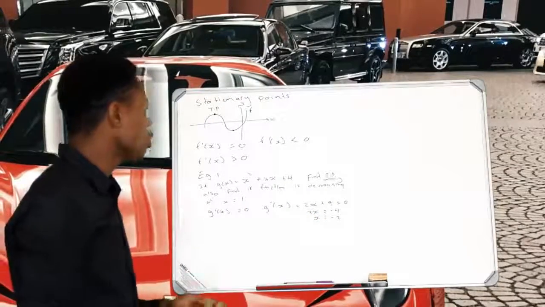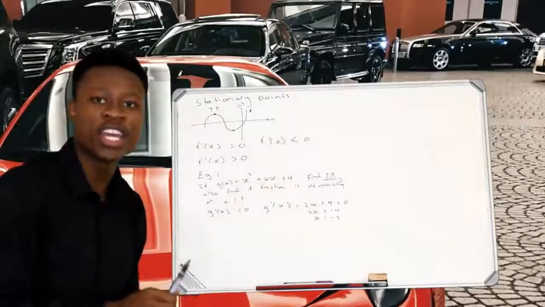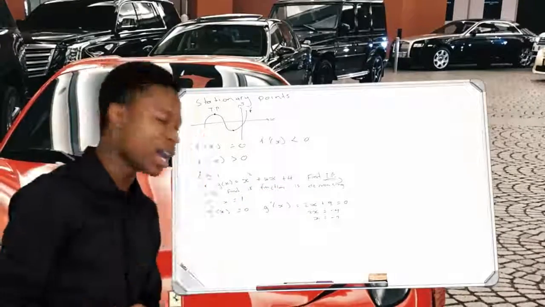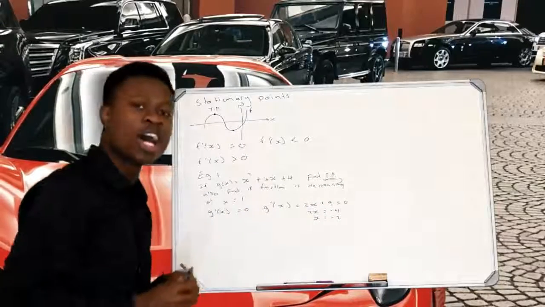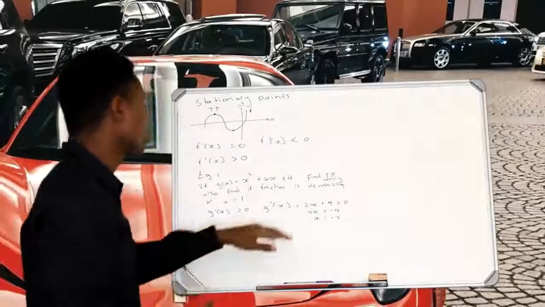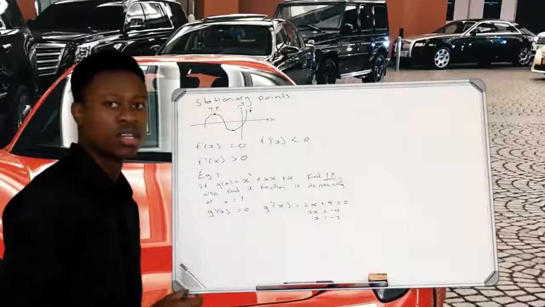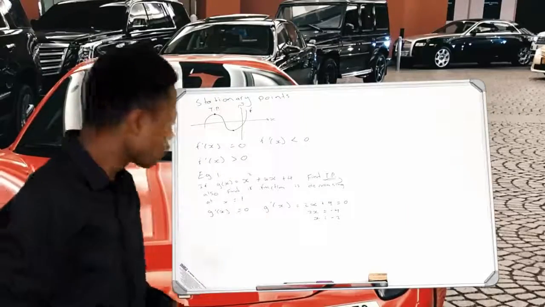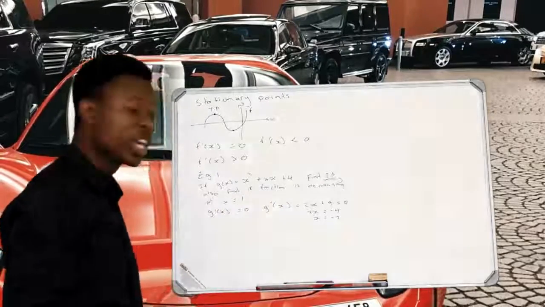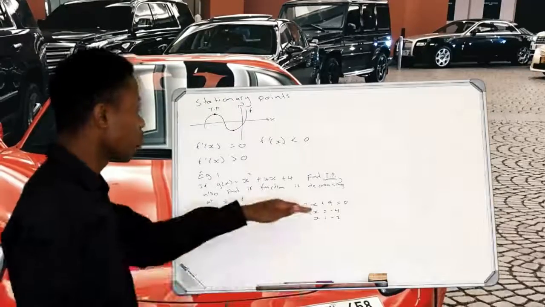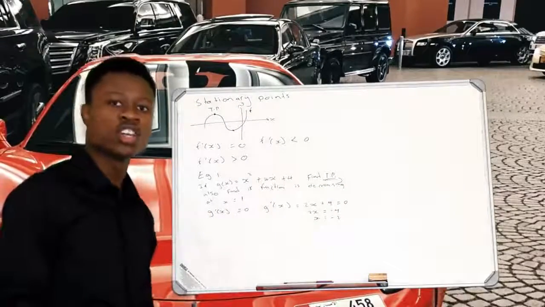So now I want to find, because it's a turning point, I need two coordinates, an x and a y. How do I get the y coordinate now? Do I substitute it back into this equation? Try that and see what happens. If you substitute it back into this equation, you will get 0. Why? Because you just worked to equate it to 0.